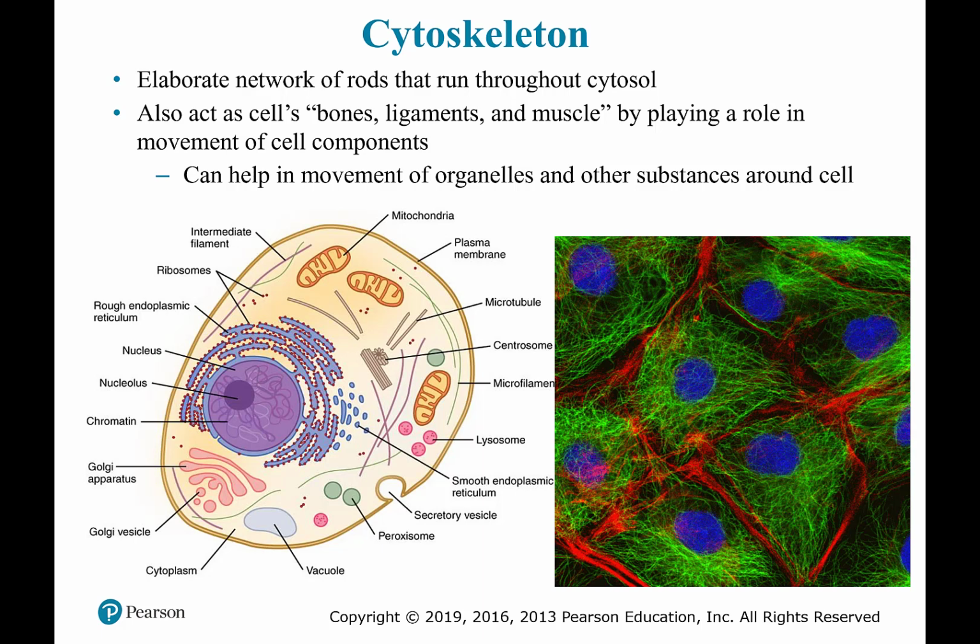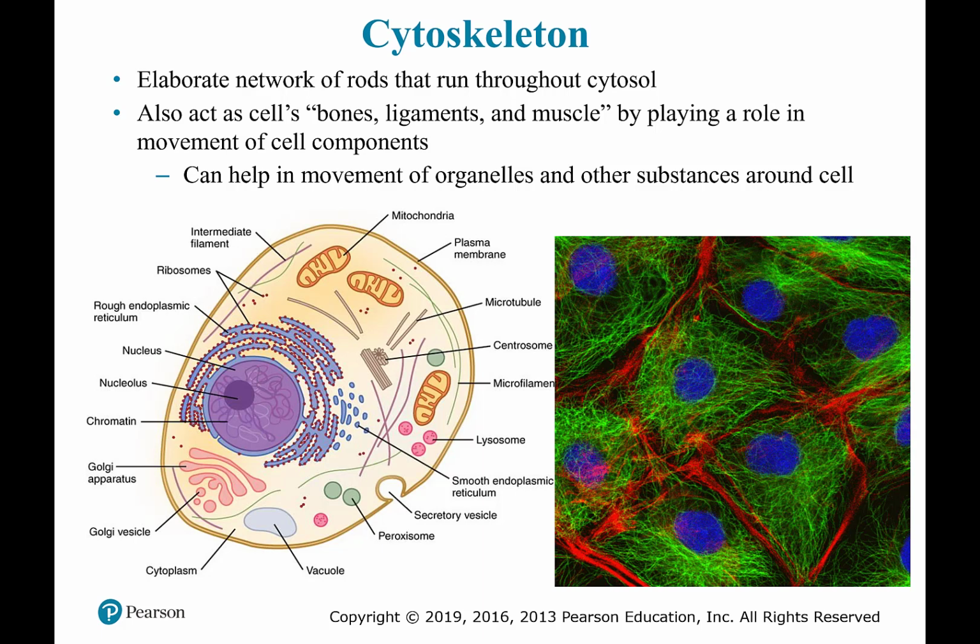Cytoskeleton is pretty much a network of rods that run through the cytosol. You can think of them as highways for materials to be transported from place to place within the cell.